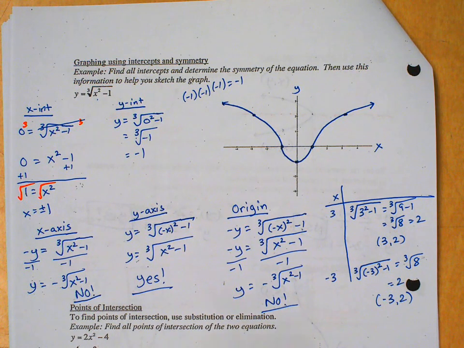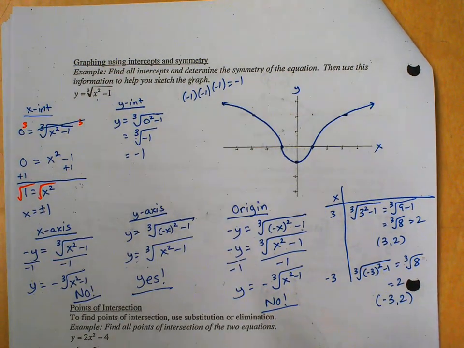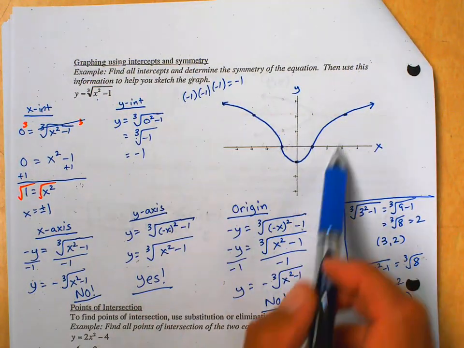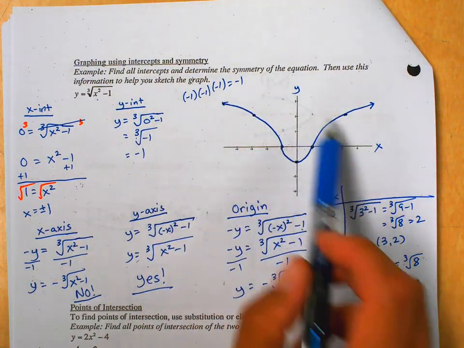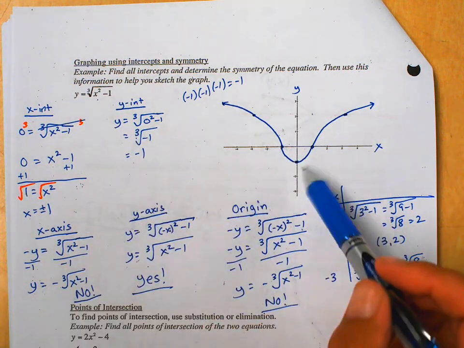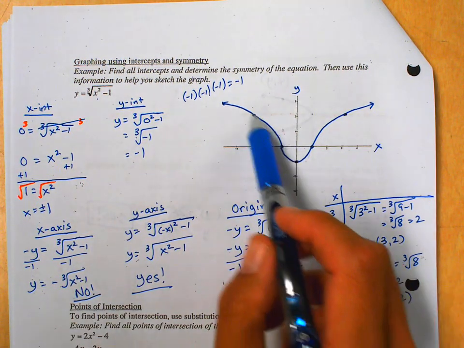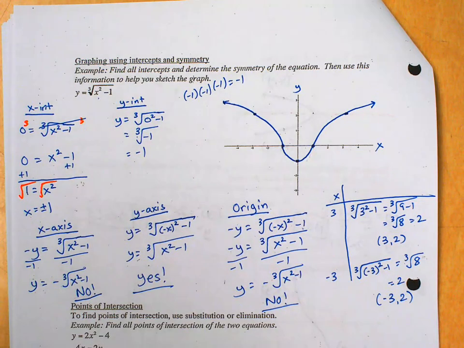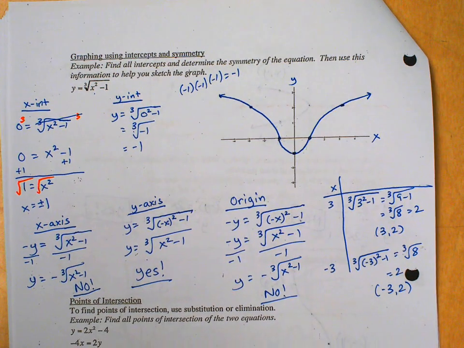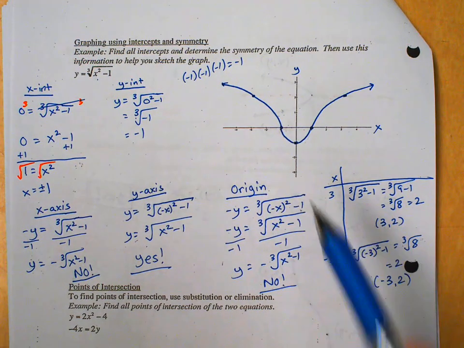You can see it has some of the qualities of a parabola, the symmetry around the y-axis from the x squared, but it also has a little bit of shape on the end based on the third root. So you see a couple different things coming into play to determine the shape of this graph.